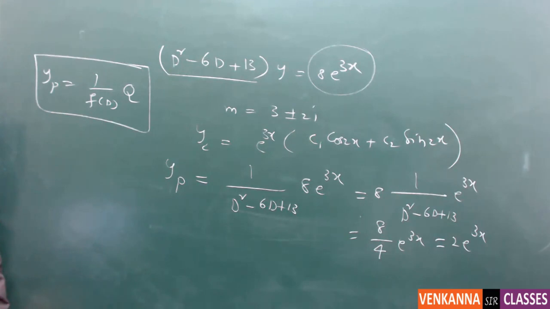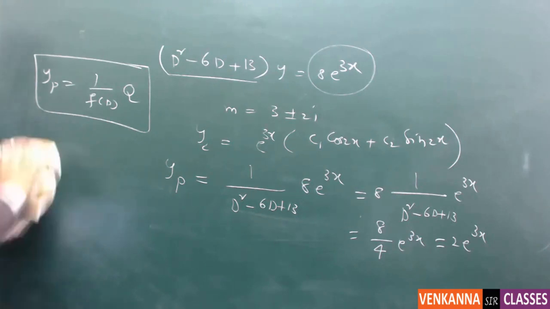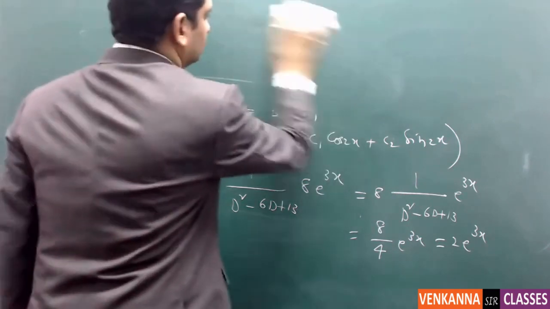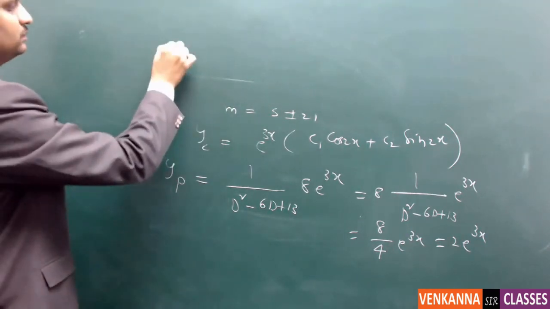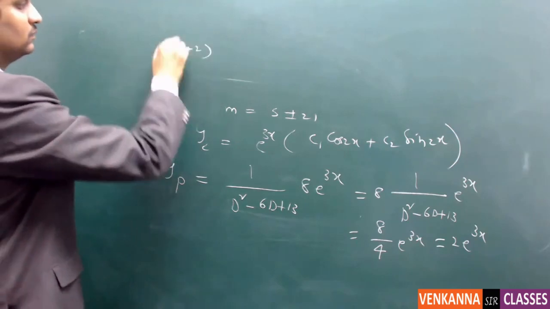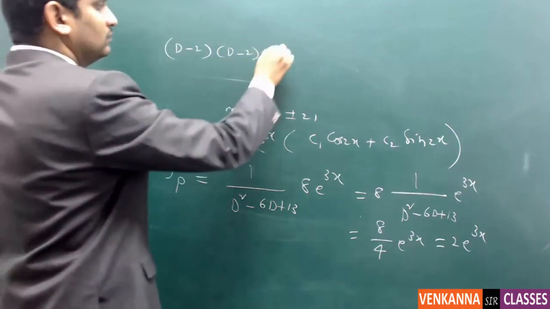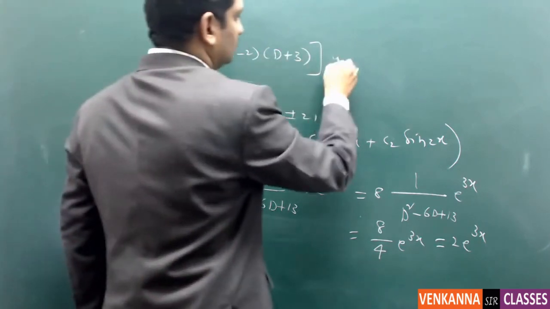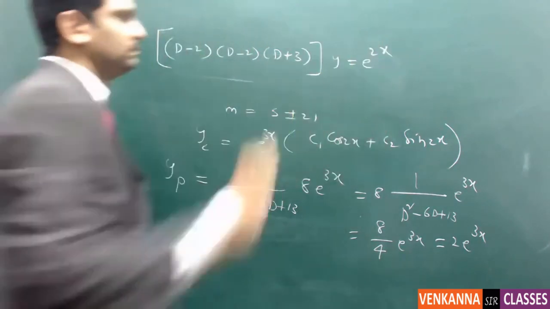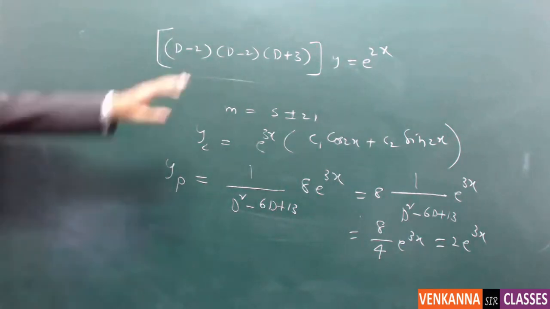So generally, the denominator is not equal to 0 always. Sometimes the denominator is 0. What we have to do? Suppose I have taken the equation like this.